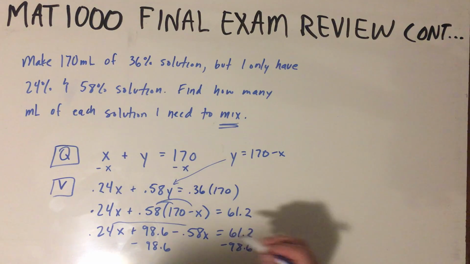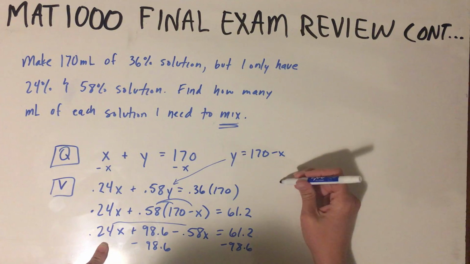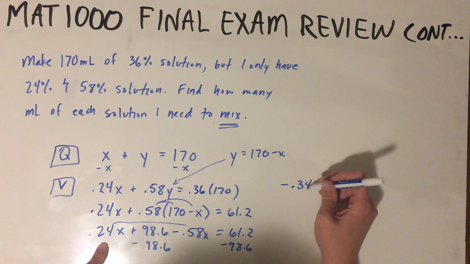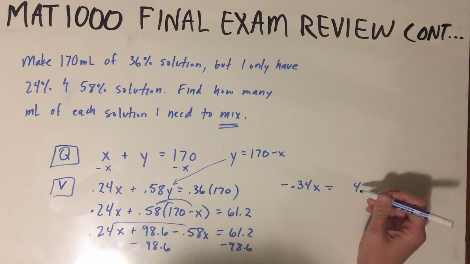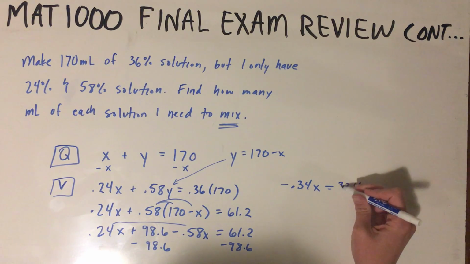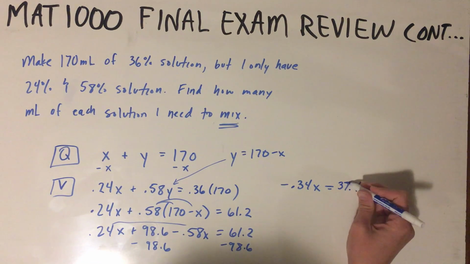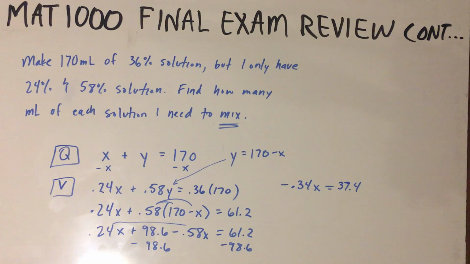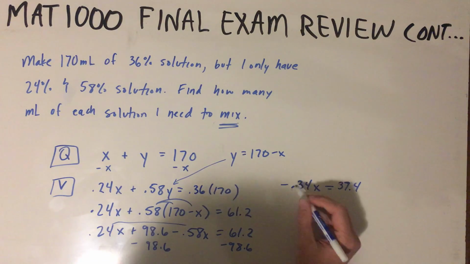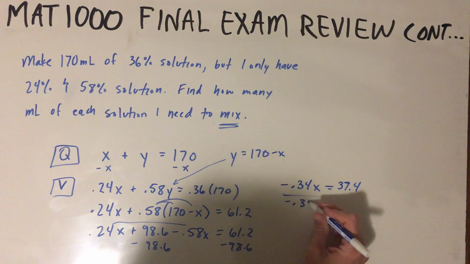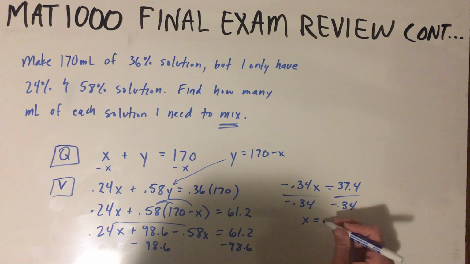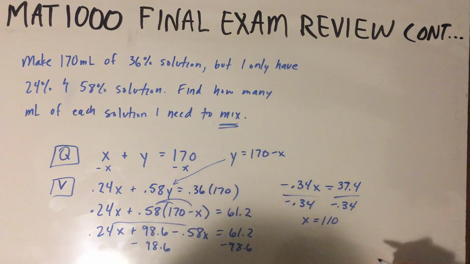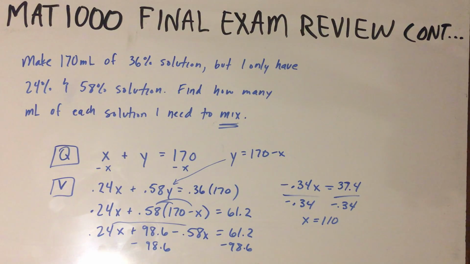And so I'm going to get negative 0.34x, and that's going to be equal to 37.4. And when I divide by this negative 0.34, I'm going to get that x is equal to 110.